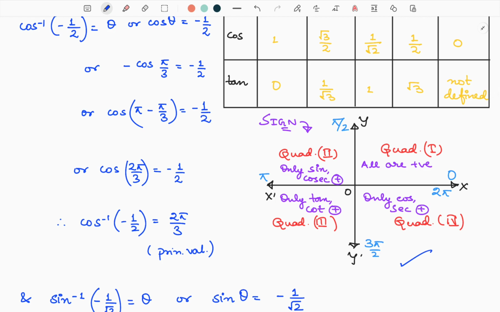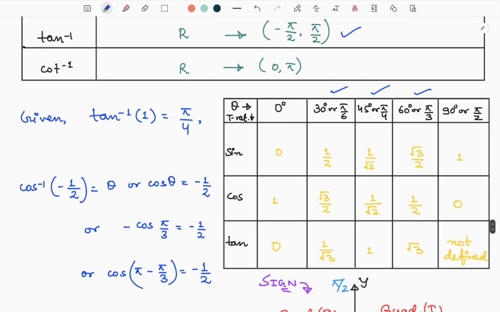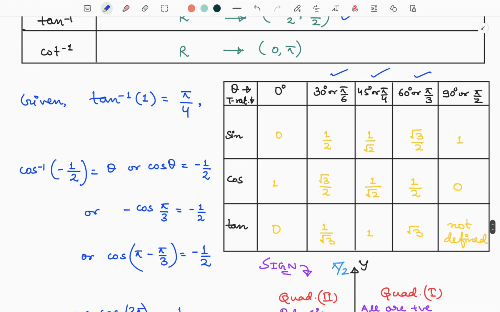So I've already drawn this. In quadrant 1 all are positive, quadrant 2 only sin and cosec are positive, in quadrant 3 tan and cot are positive, in quadrant 4 cos and sec are positive only, the rest are negative. So you don't have to draw all this table. I just drew it to make this solution look simpler. You have to do just this calculation which I have done beside this.